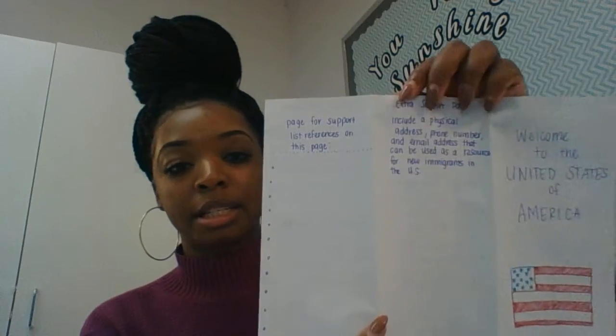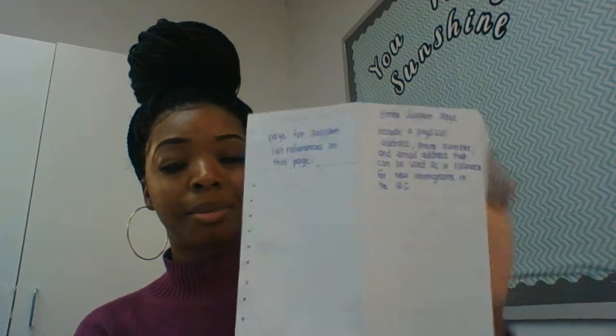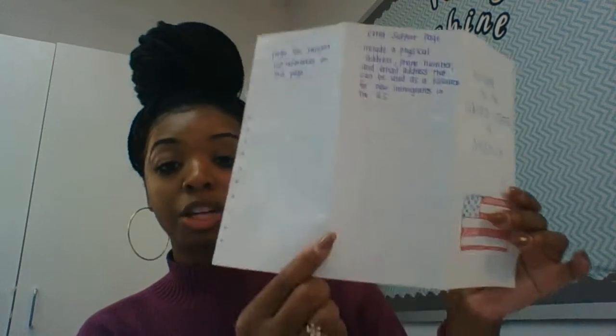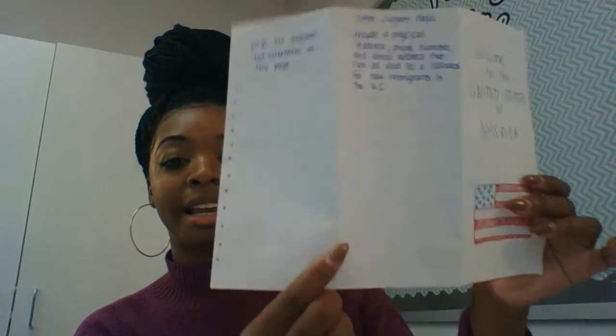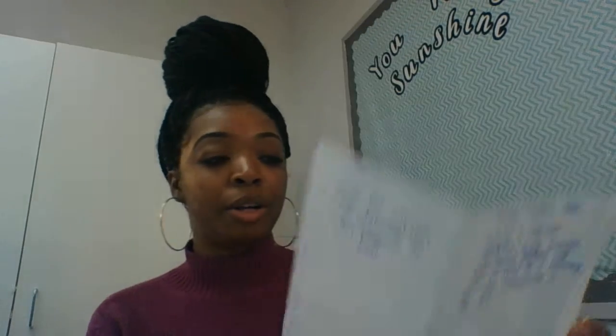I want us to do the same thing in the pamphlets that we're creating. I want you to take these 2 pages and use it for resources, okay? So I'm not asking you to give me the resources, just make sure that these 2 pages are dedicated specifically for resources that our new immigrants can use when they come to the United States.